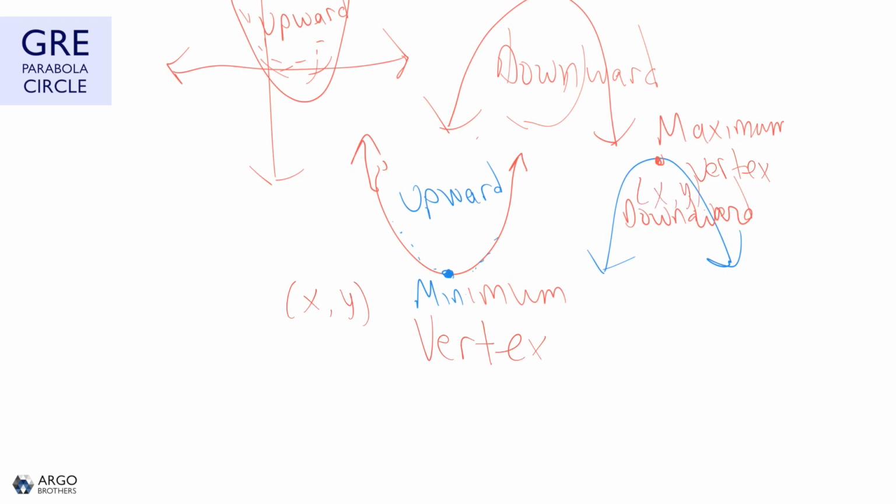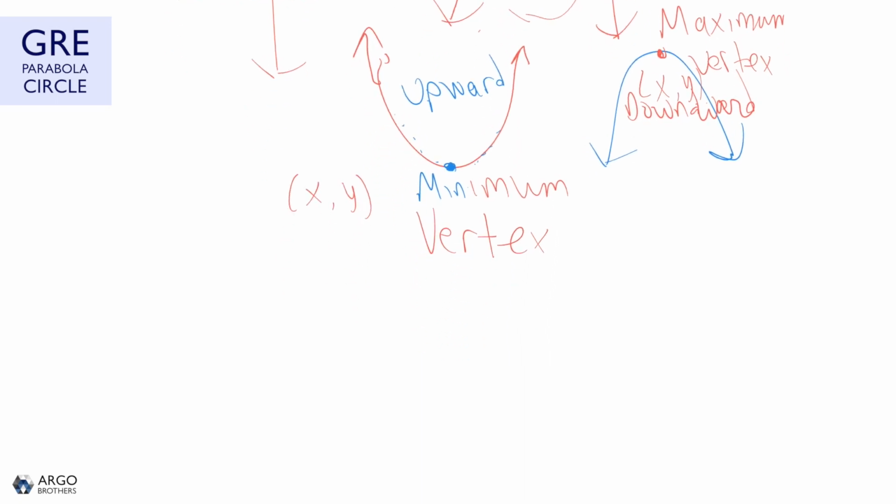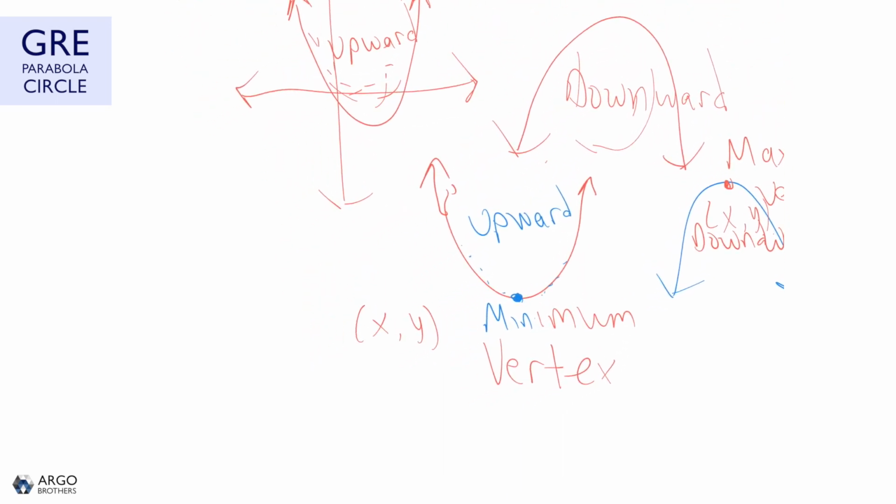All right. And the other thing I want to go over for parabolas before we start graphing them is, when you have a parabola, how do you know if it's upward or downward? Well, let's go back to the general form of the equation of a parabola. It's y equals ax squared plus bx plus c. We look at the a, the coefficient in front of the highest power, which is x squared.